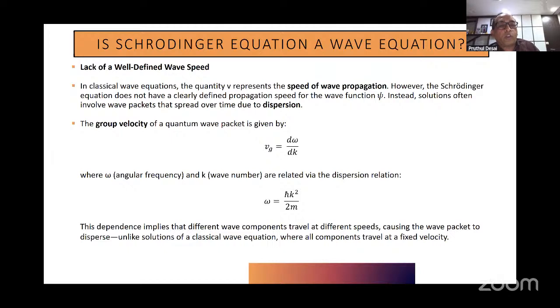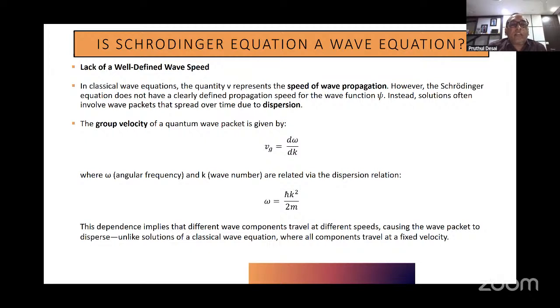The group velocity of a quantum wave packet is given by Vg equal to d omega by dk, where omega and k are the frequency and wave number, and we get the dispersion relation omega equals h bar k squared upon 2m. So the Schrodinger equation does not have a clearly defined propagation speed for the wave function. This is another difference.